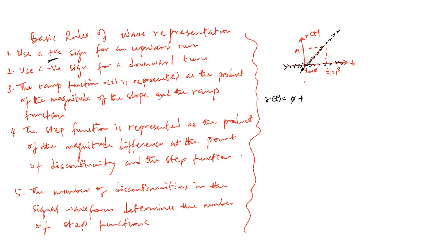So what is the slope? The slope is the difference between the r of t axis divided by the difference in the time axis, okay? Times the ramp function, r of t.